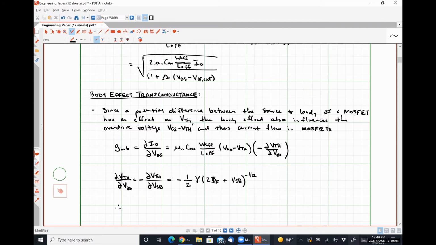And substituting in this relationship, we find that our body effect transconductance is simply our transconductance multiplied by gamma, our body effect coefficient, divided by twice the square root of twice phi F plus VSB.